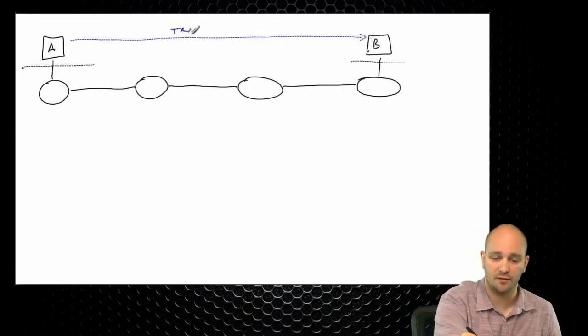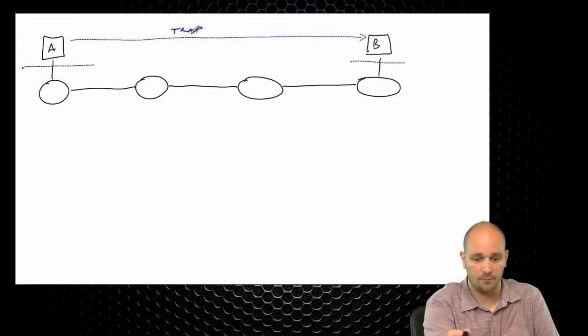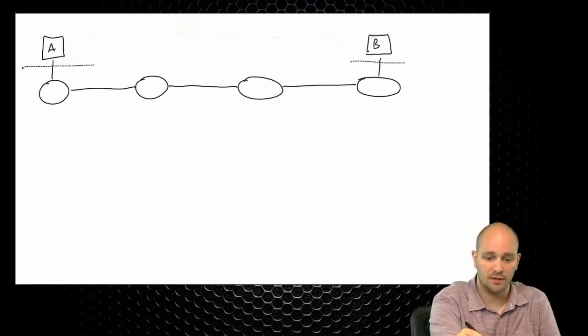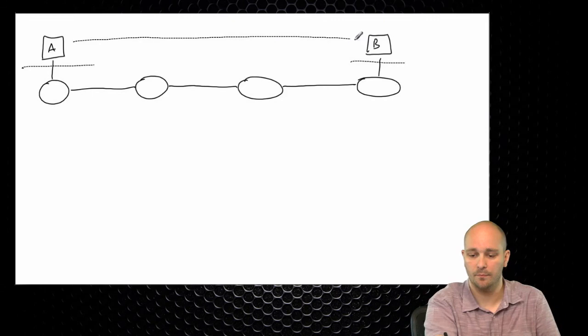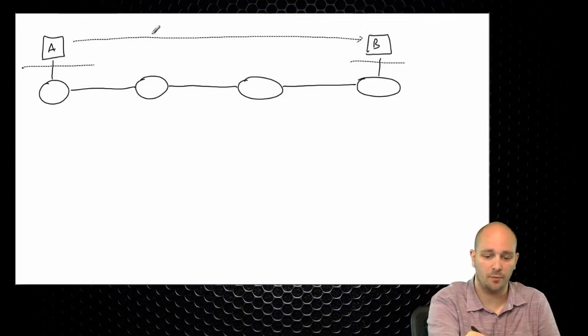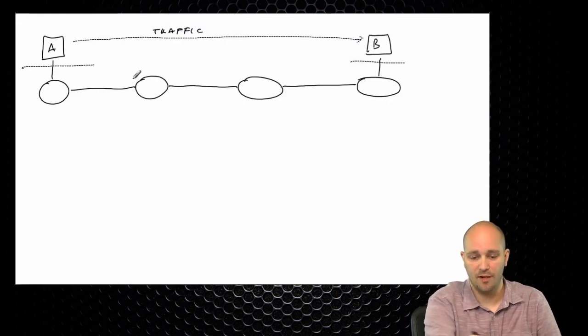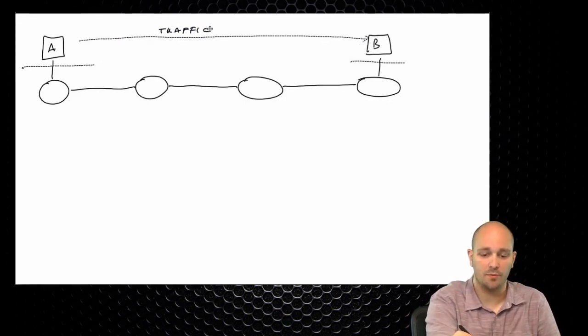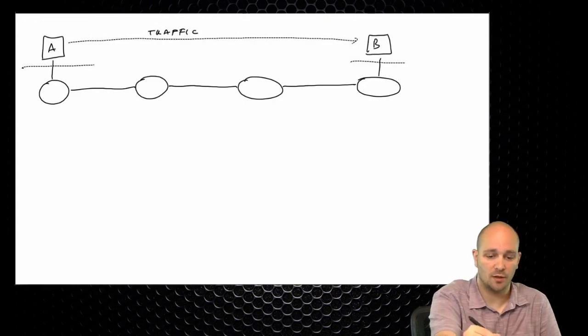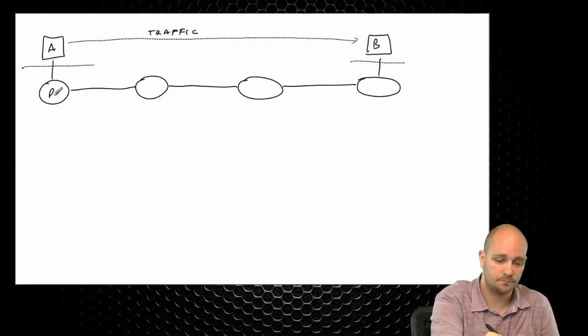Actually, let me do that slightly differently, like this. So this is where the traffic will be going. And that means that information needs to flow in the opposite direction. So let's say that this is R1, this is R2, this is R3, and this is R4.